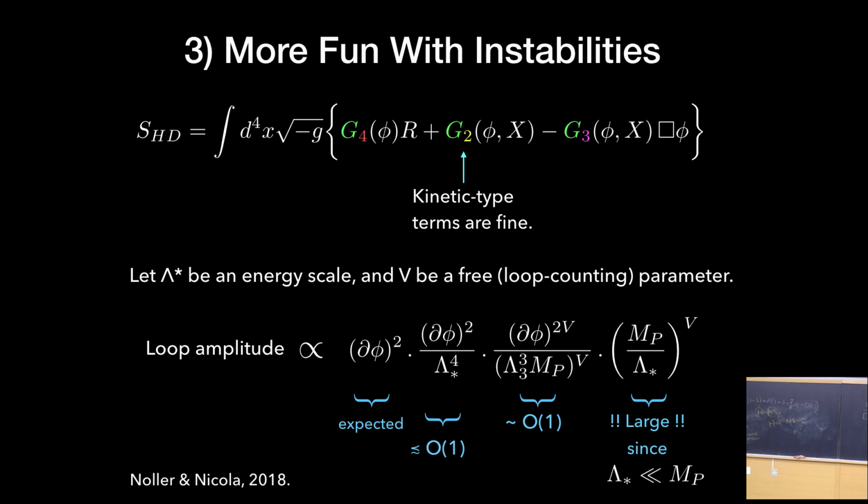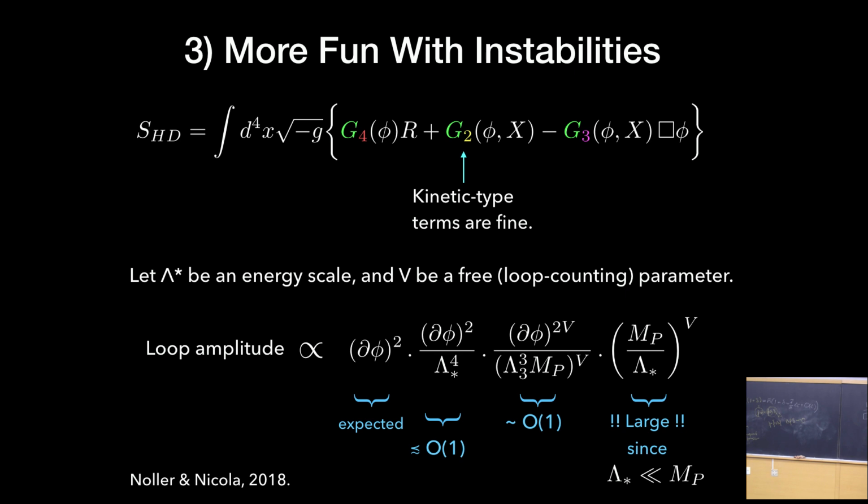And that means you can't trust this action, essentially. It's radiatively unstable. You can do the calculation again with just one of these two terms switched on, either just G4 or G3, and you can show that everything is fine. So the problem seems to happen when you have both of them turned on. And that's a useful bit of information for what I said we want to do in terms of constraining this parameter space.